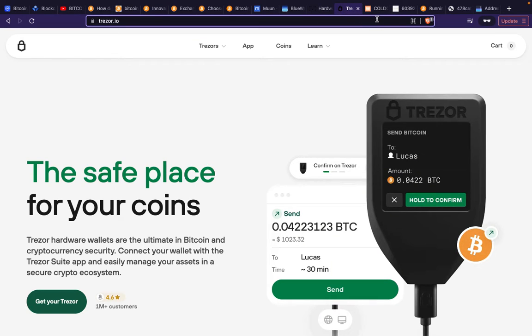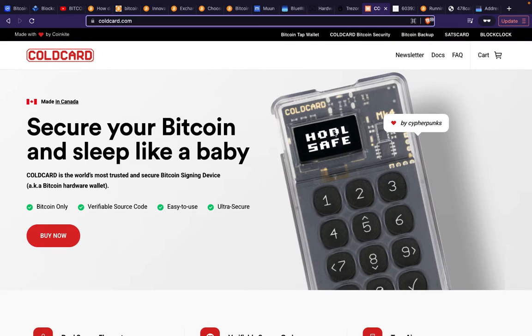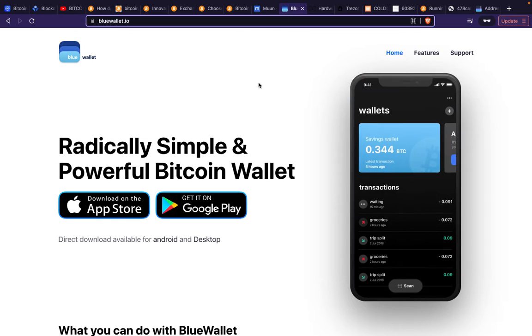There's Trezor, there's Coldcard, which is a little more difficult, but you will get there. You could also use Blue Wallet on your phone. It's better than leaving it on exchanges where they can re-hypothecate it and steal it from you. Okay.